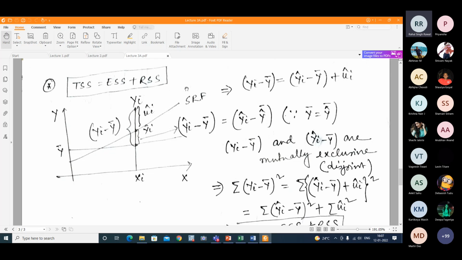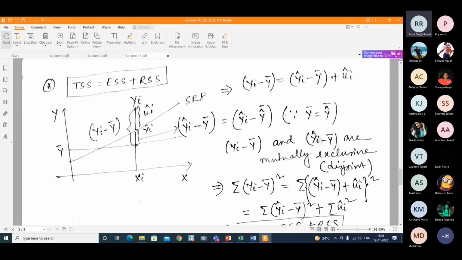So I am writing here Yi minus Y bar is equal to Y hat i minus Y bar, and another one is Yi minus Y hat i. Remember, out of this total deviation from the mean, the estimated regression model captures basically this segment.